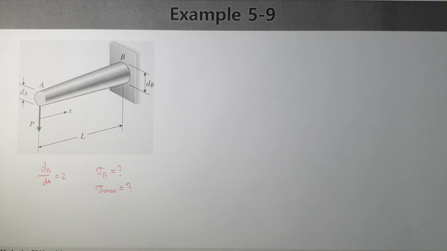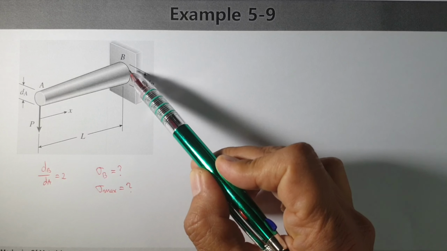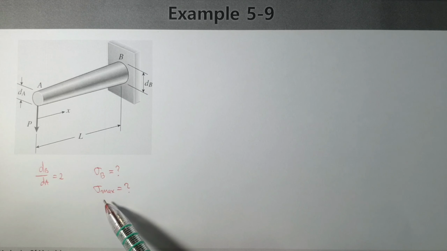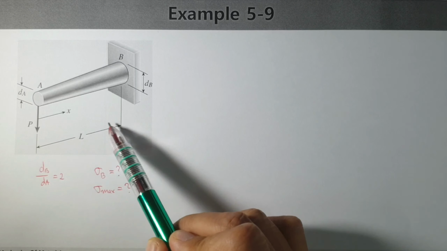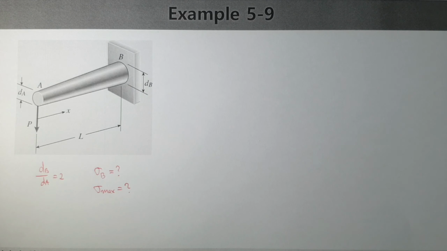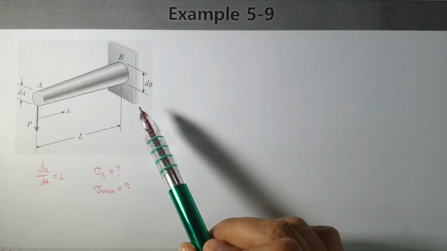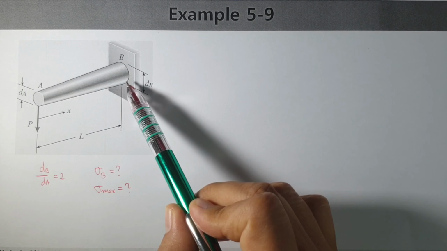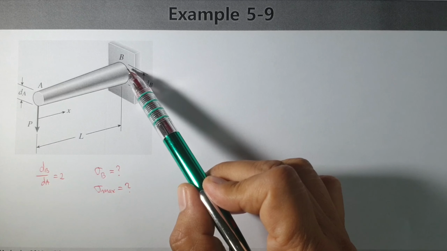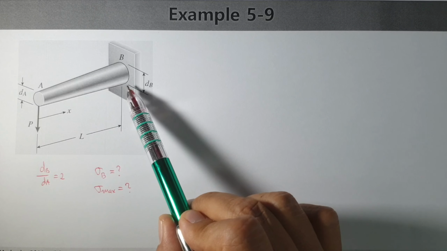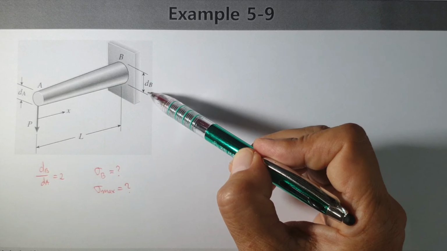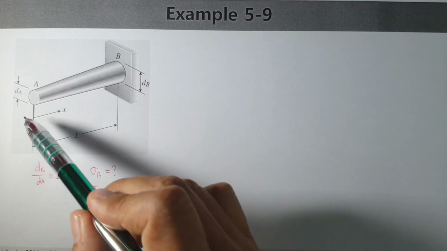Okay, now in this example, we would like to calculate the maximum bending stress at this point, and the maximum bending stress somewhere inside from 0 to L. Let's consider the first figure itself. We have a cantilever beam, which is firmly attached at the point B. The cantilever beam is a tapered beam, and the diameter at this point is dB, and at this point is dA.